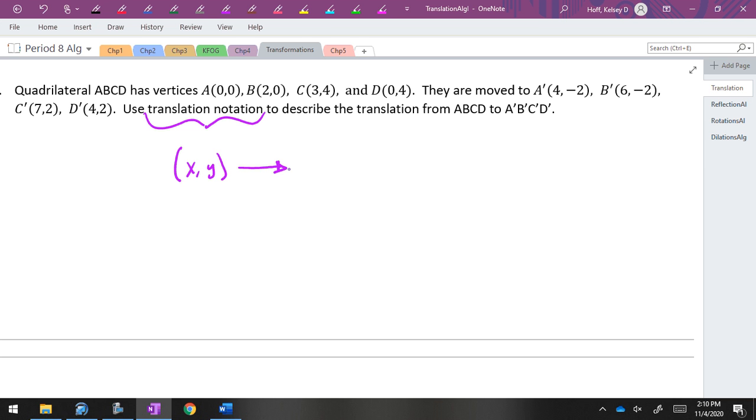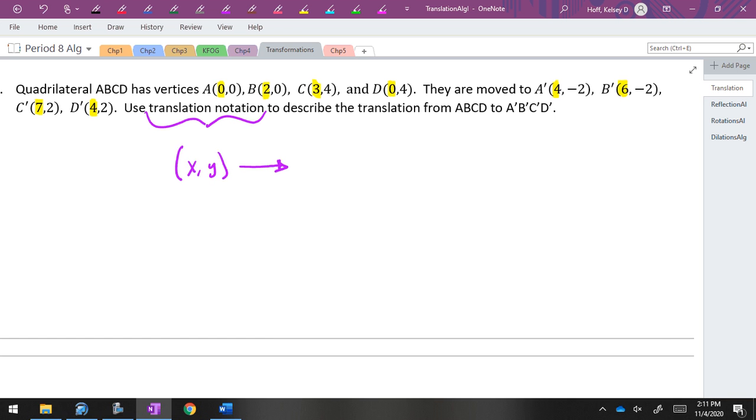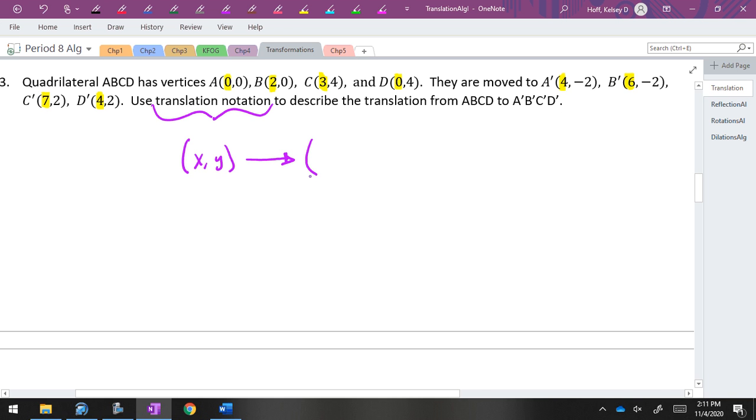Now we need to determine what happened to our X and what happened to our Y. So we start comparing. Compare X of A to X of A prime, and X of B to X of B prime, X of C to X of C prime, X of D to X of D prime. What happened every single time, Jacob? You went up 4. So that's okay. You can say up or right, either direction.